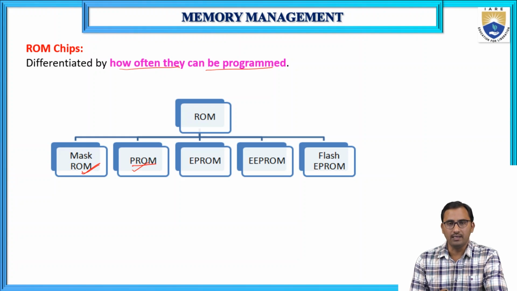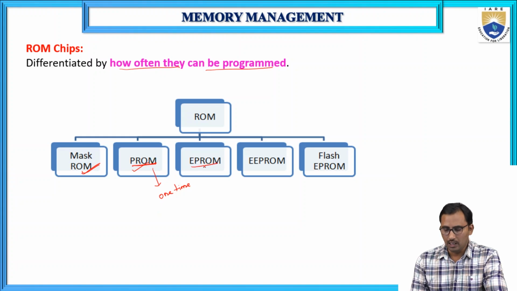A programmer is a device using which we can load the program into that particular memory chip. In this PROM, the user can load the program only one time. It is only one-time programmable. Once it is programmed, the user cannot modify or reprogram it.